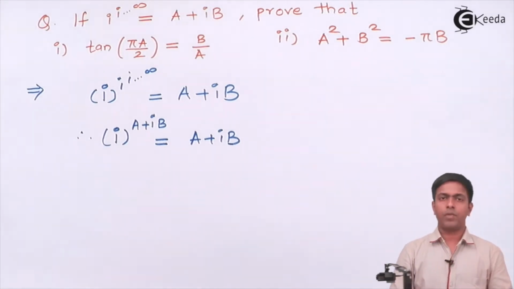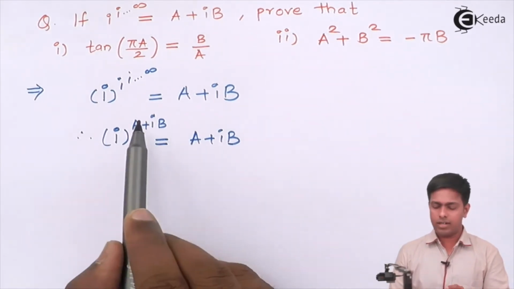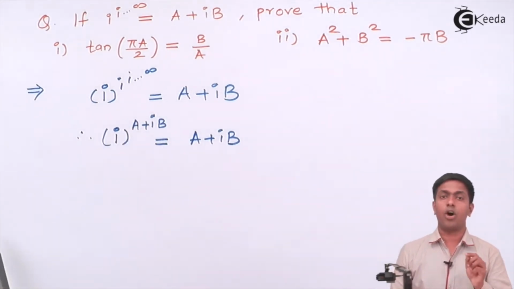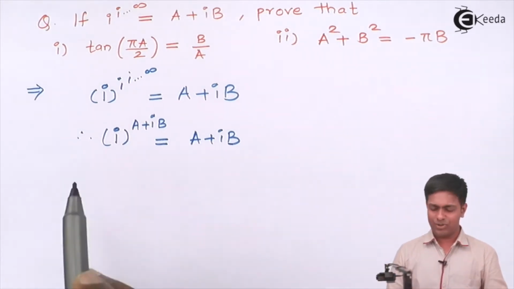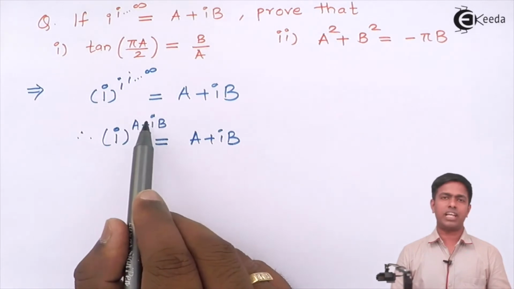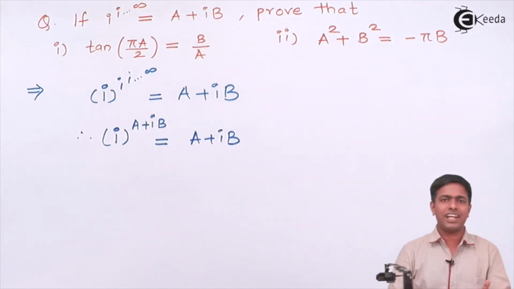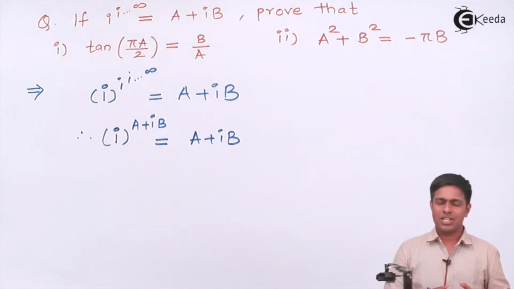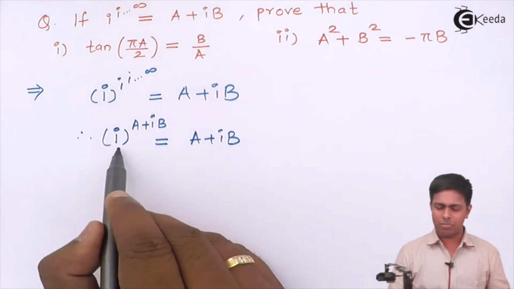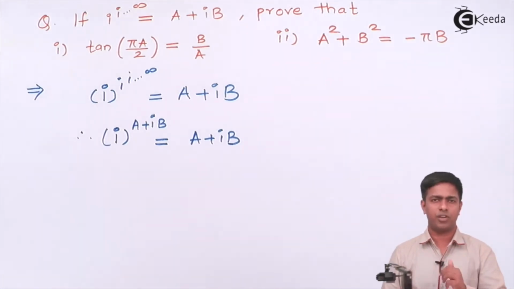Always convert the base into exponential form and convert the exponent or power into Cartesian form. This power or exponent is already in Cartesian form, so I don't have to make an effort to convert it again. I just have to convert this base into exponential form.